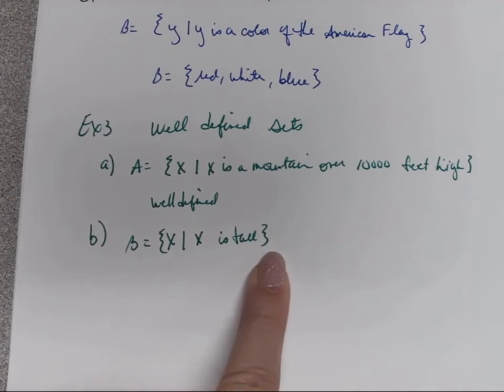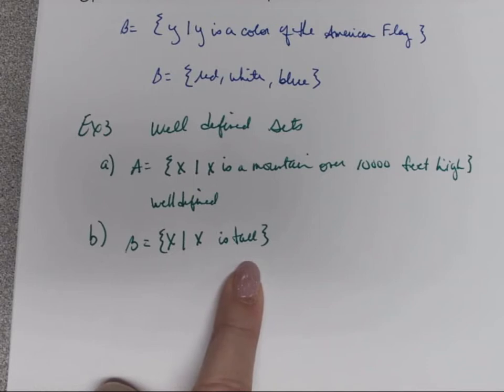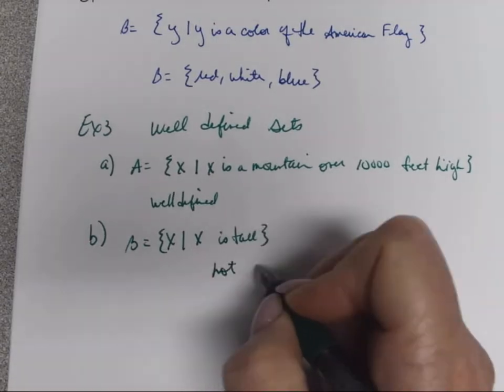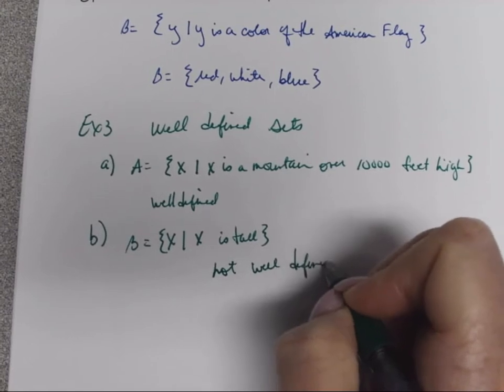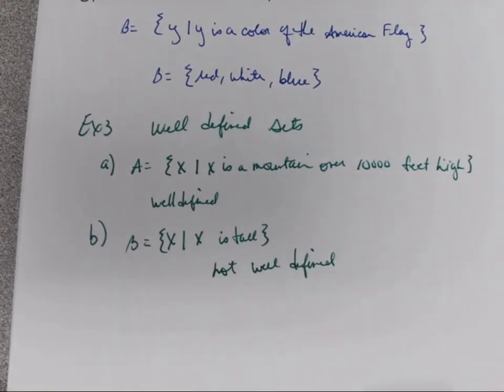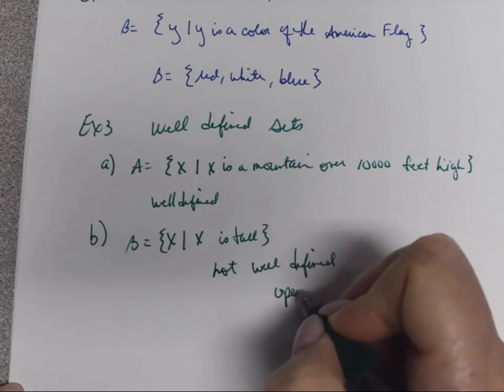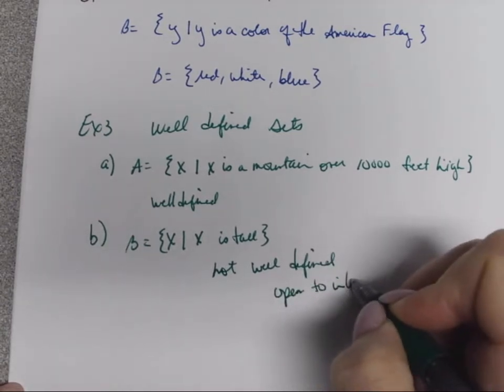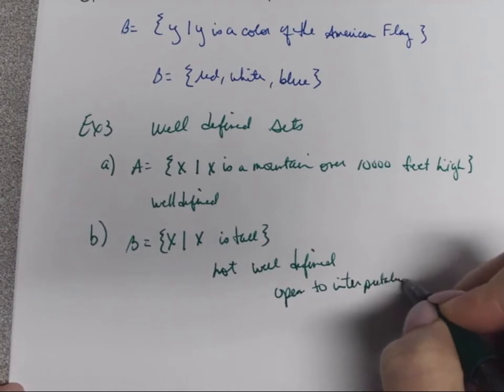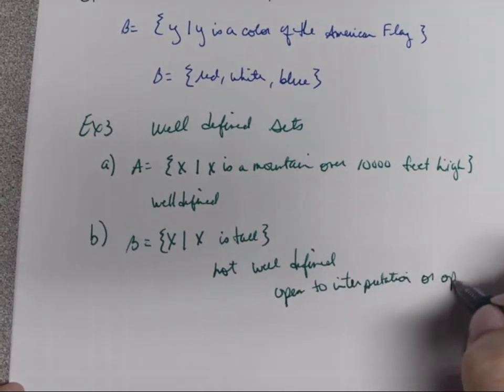I could say the door is tall, but someone else might say the mountain is tall. I could say this building is tall, but someone could say the height of a street light is tall. It just depends on what you think tall is. It's an opinion. So this one is not well defined because it's an opinion. We'll put open to interpretation, or opinion.